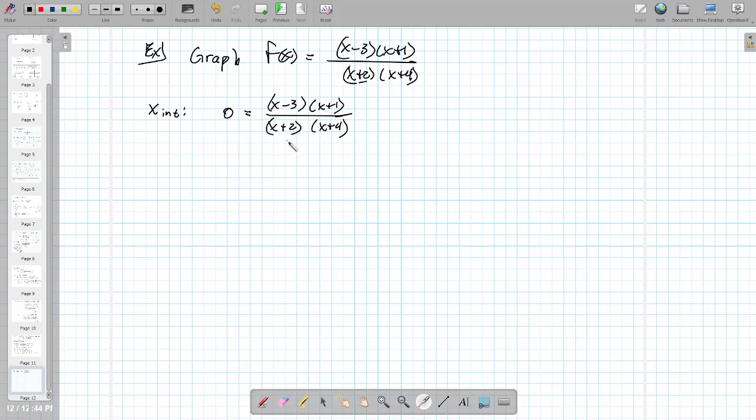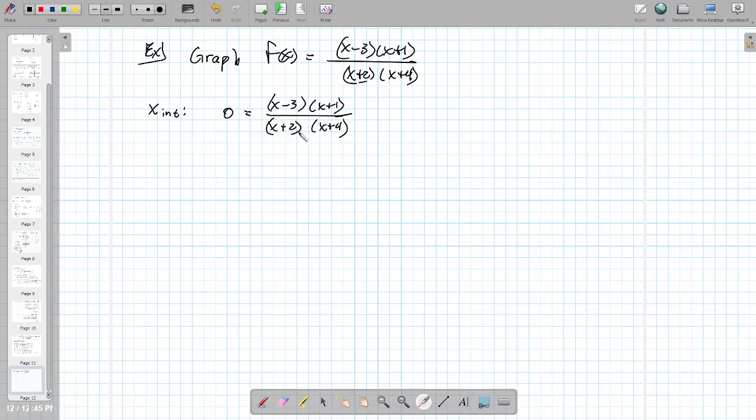Also note, another way of looking at this is we can multiply the denominator to the left side, and you would have 0 times this denominator. Now there is a key piece of information that gets lost, and that key piece of information is exactly why not all zeros in the numerator will result in an x-intercept. And I want you to try to think about what that is, but we'll cover it in the next subsection. So don't worry if you can't figure it out.